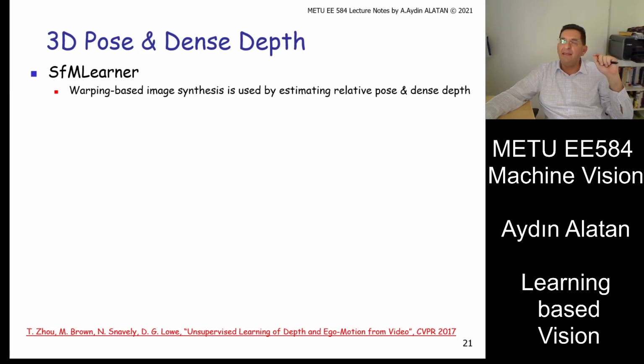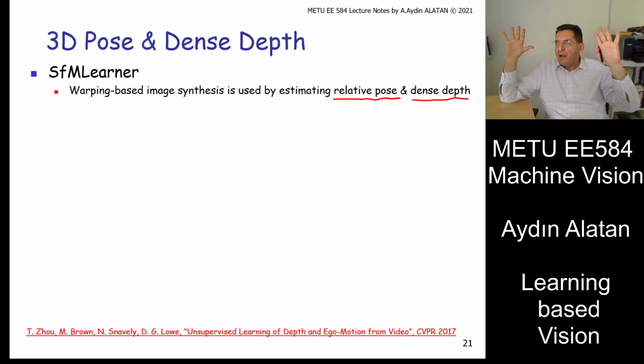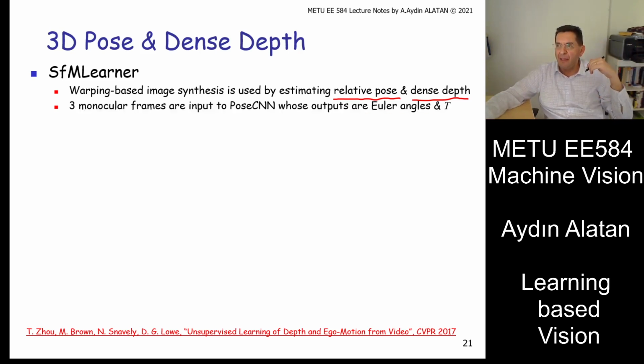The idea is we are using warping-based image synthesis, and we are estimating the relative pose and dense depth together. Please note, if you have two images, whether you are moving or not, and you know the pose between them, rotation and translation, and the dense depth, then the other intensities could be obtained, and you warp and synthesize the image.